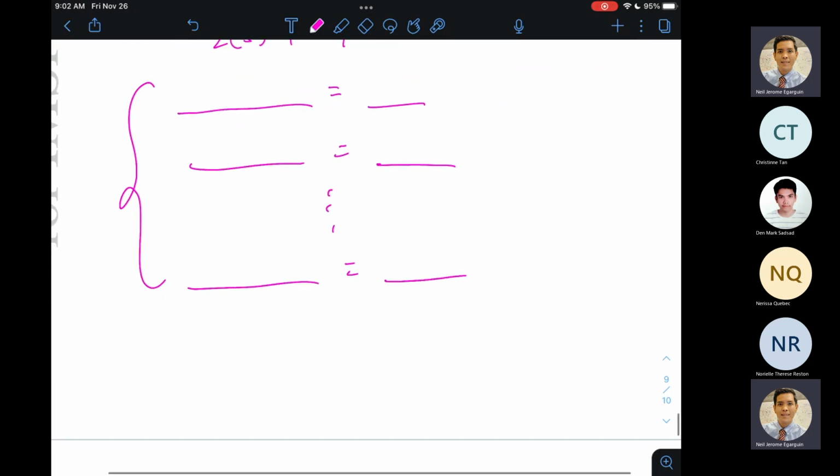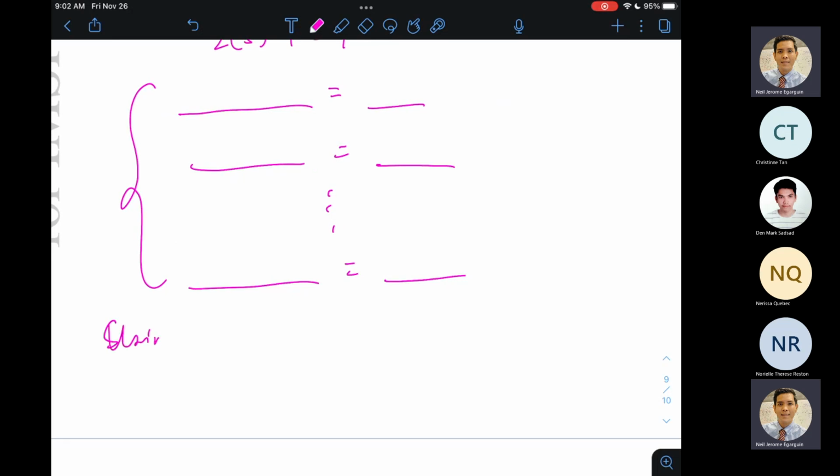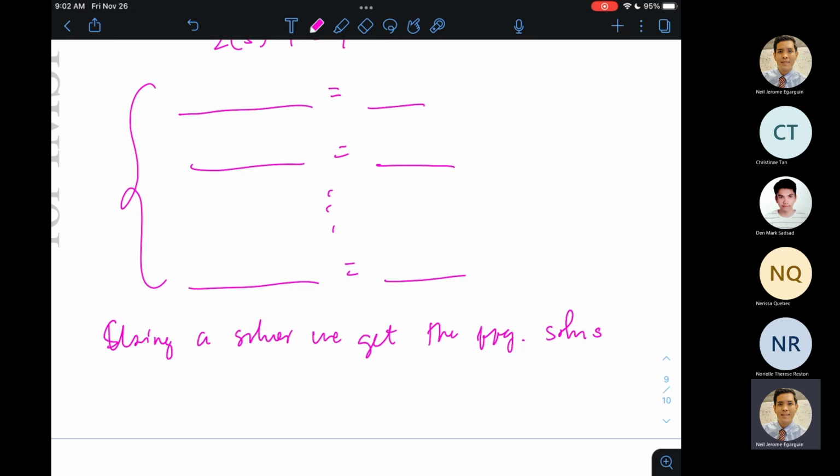And then, pag nasulat nyo na yung 10 nonlinear equations, you can just say using a solver, we get the following solution to the system. Okay? So hindi nyo siya kailangang gawin by hand. 10 by 10 yan.